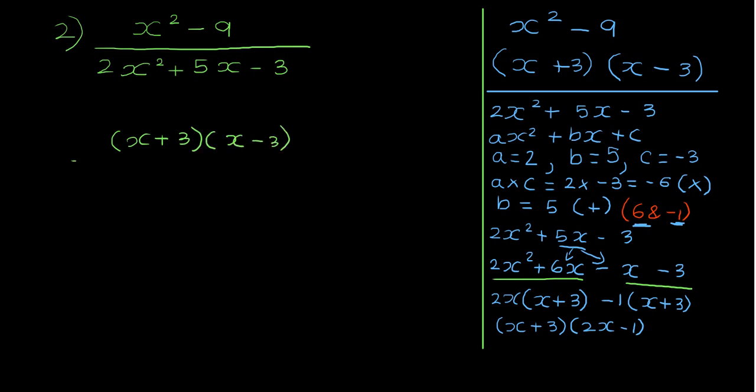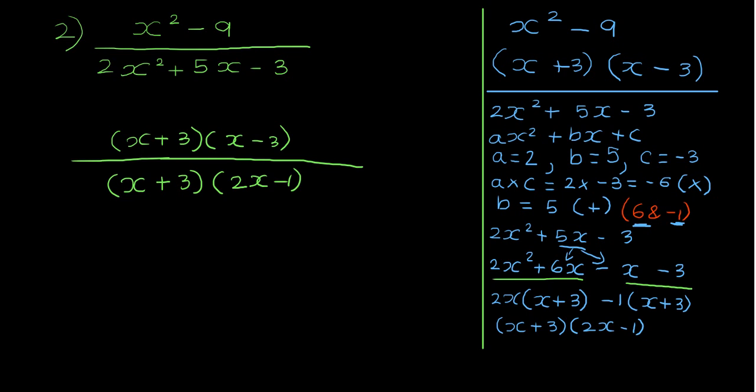And the denominator, which we have factorized now, is x plus 3 times 2x minus 1. Now we can cancel out the x plus 3's, one from the numerator, one from the denominator. Sorry, not the x minus 3's, the x plus 3's, my mistake.